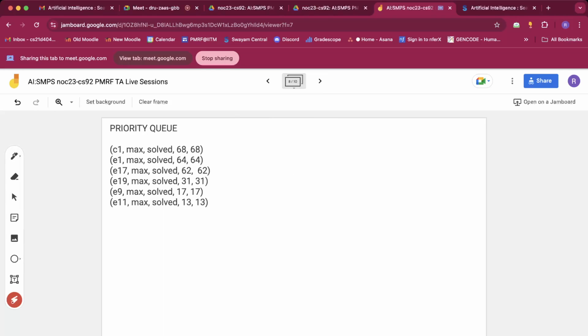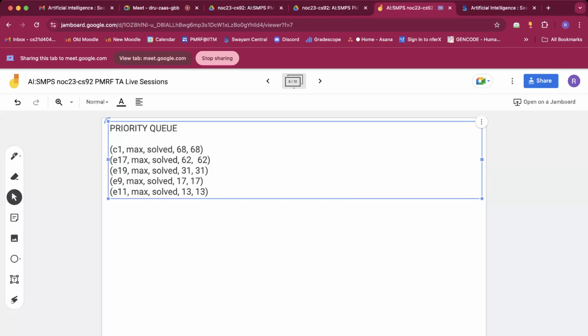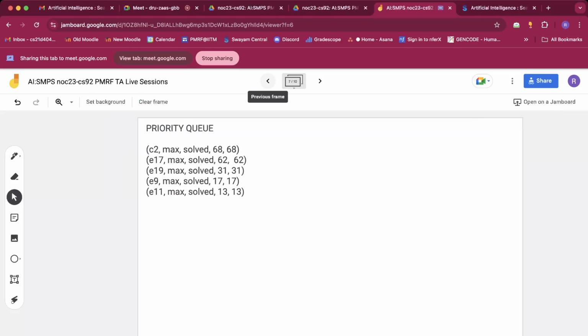There is a correction here: we should have removed E1 from here, because this has been solved. Once we solve C2, we can also label C2, which is a max node, as solved with a value of 68. Let's go back.